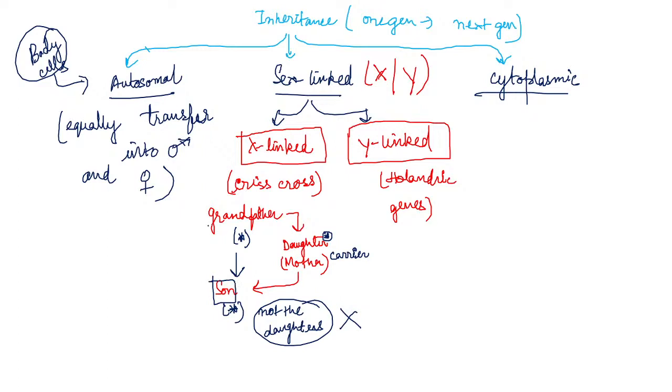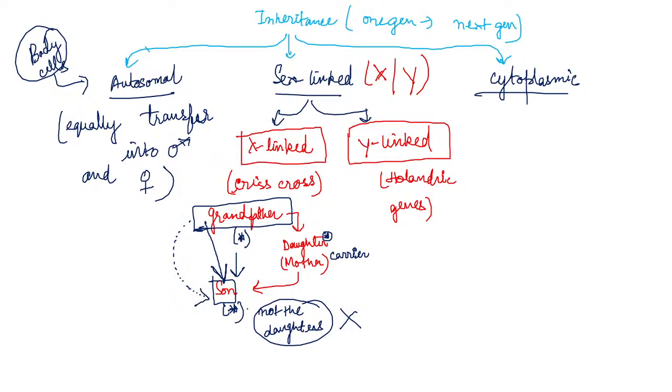So this is known as crisscross, that when the characters from your grandfather or your nanu is being transferred from your nanu to you, then that will be known as the X-linked crisscross inheritance. Okay, so your grandfather has some character and is transferring that character through your mom to the grandson, that is you.